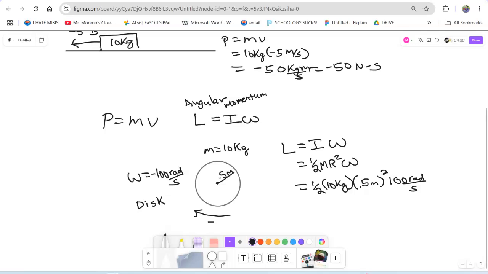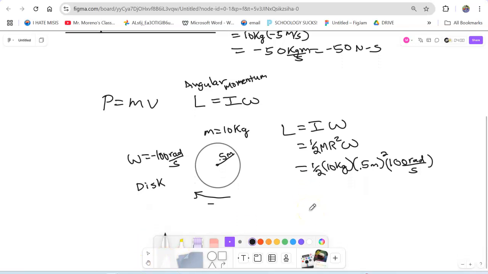And remember that radians is a ratio, so technically it doesn't have a unit per se. We just call it radians.